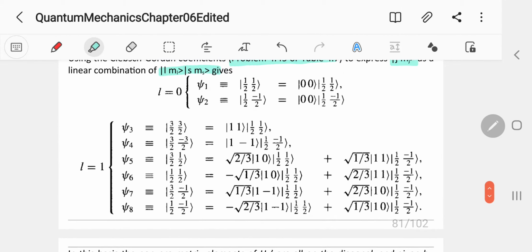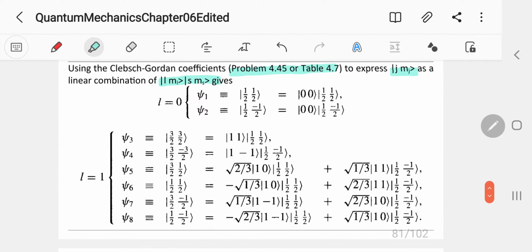So you have this for L equal to 0, and you have this for L equal to 1. You can just look at the spin states in ket.